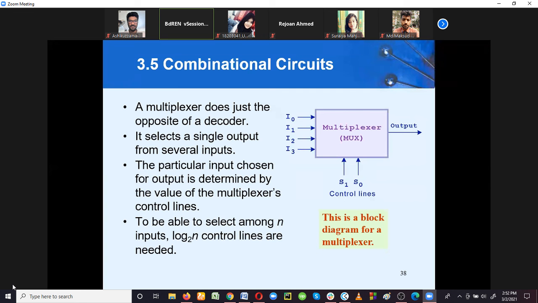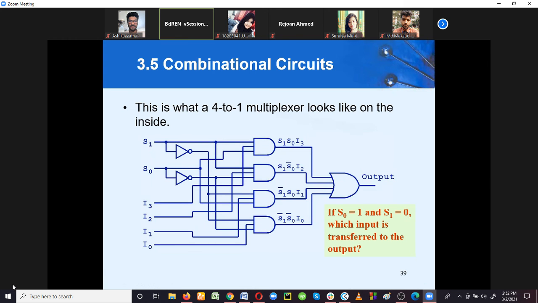Now this is the circuit diagram of a 4 to 1 multiplexer. If you put log to 4 in the calculator, you will get the answer 2. By this way you can find out.